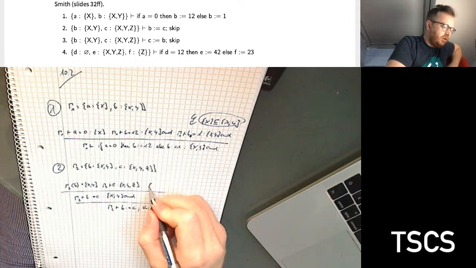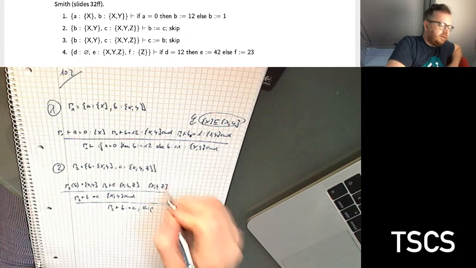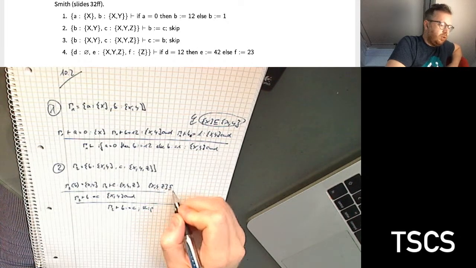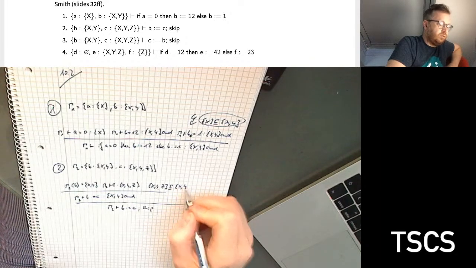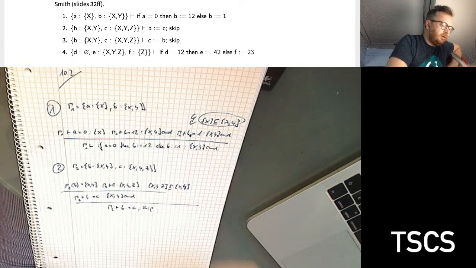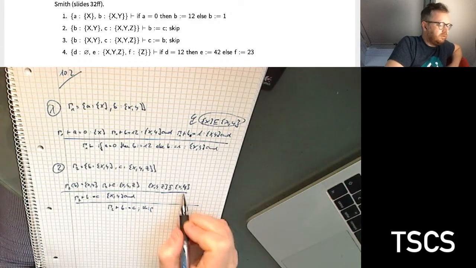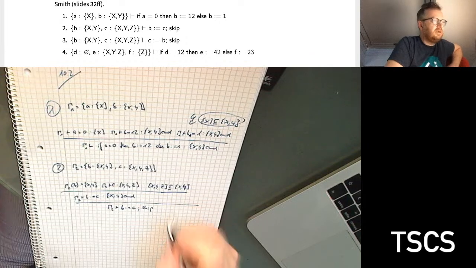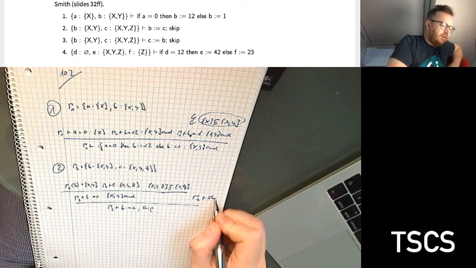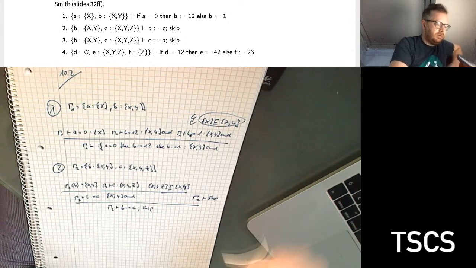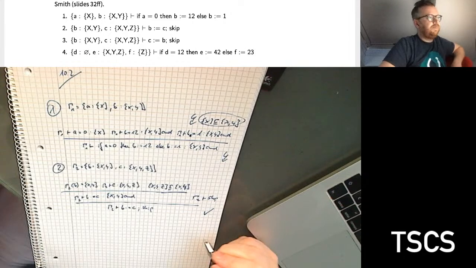And then we can see that X, Y, Z is lower or equal to X, Y. And this holds because it is actually below, you can see in the lattice. And of course, we can always type the skip and we're done. So this thing doesn't type check, but this thing does.